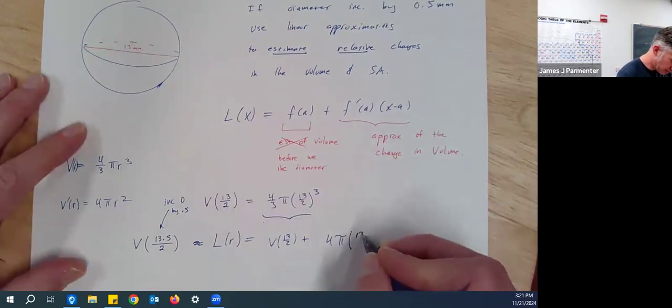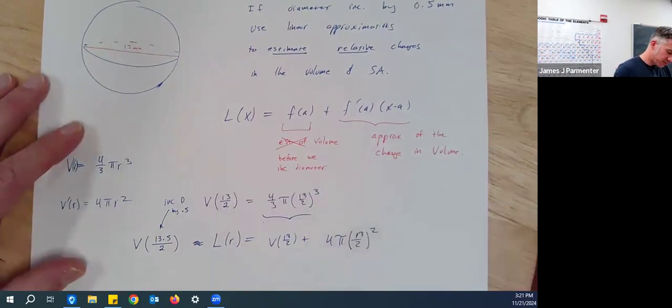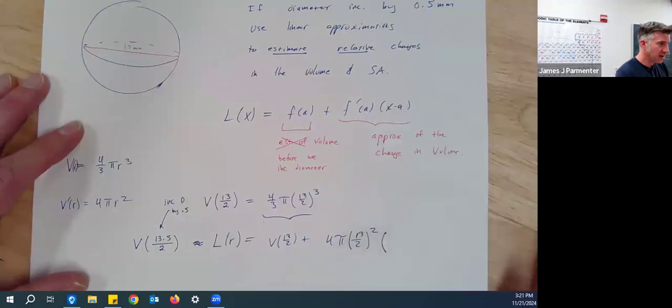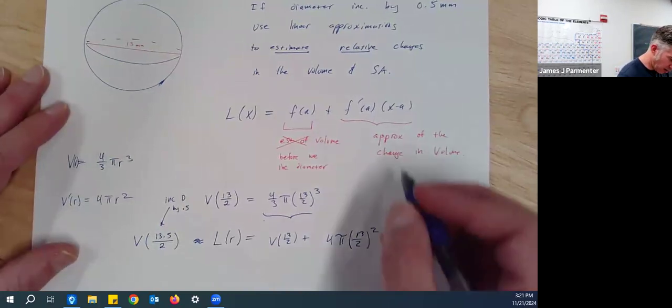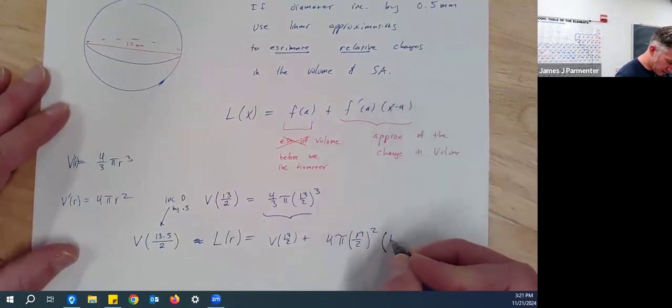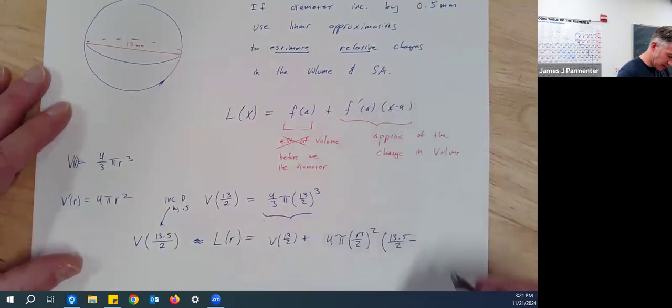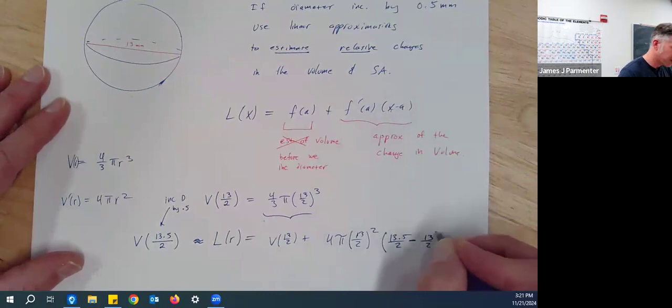So 13/2 squared times the difference in our variable of interest. So not how much our diameter increased by, but how much our radius increased by. So we're doing the R value 13.5 over 2 minus the original A value of 13 over 2.